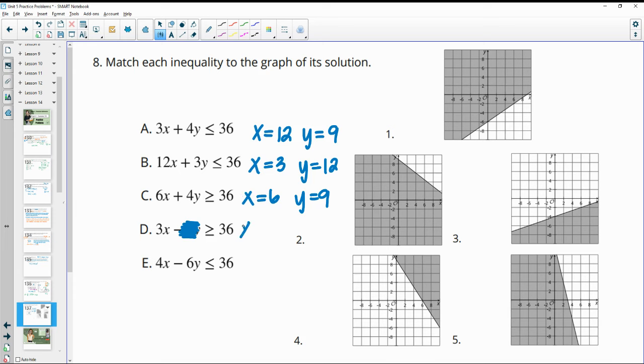So we'll divide by 3 here to get X equals 12. We'll divide by -9 here. So divide by -9 and we get Y equals -4. Divide by 4. We get X equals 9.